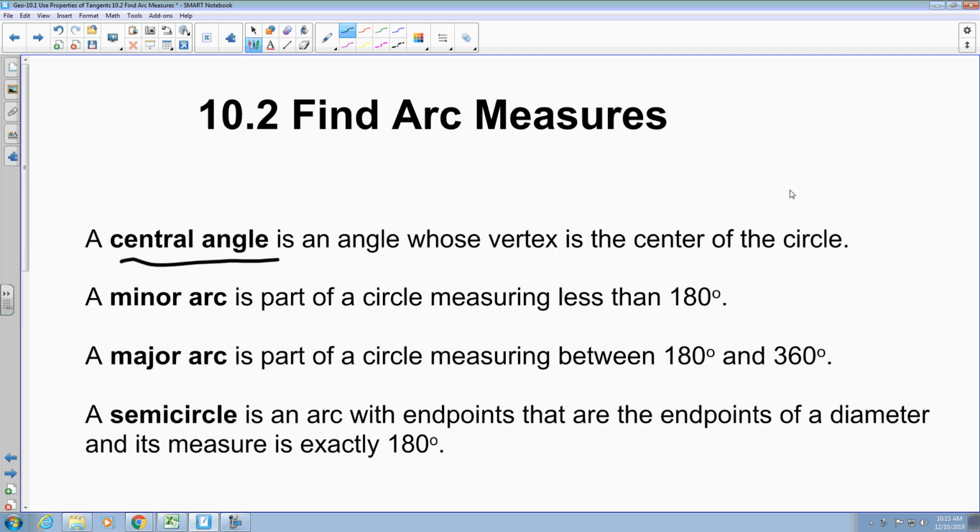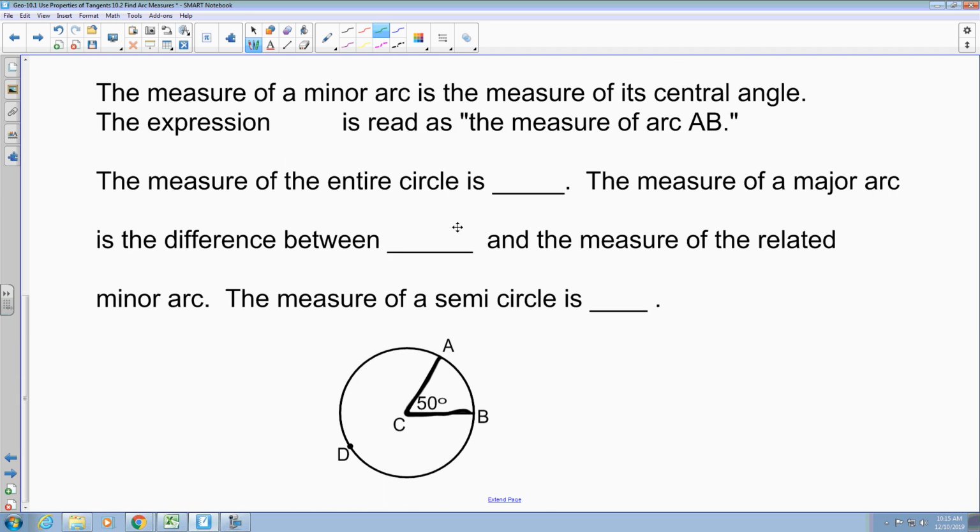From the central angle, we can look at different arc values. The first one we're going to look at is a minor arc. A minor arc is a part of a circle that measures less than 180 degrees. It's normally written or labeled with two endpoints. In this case, arc AB is a minor arc.